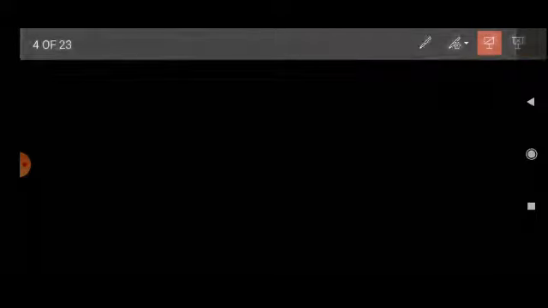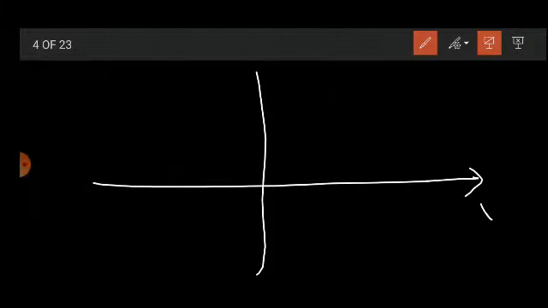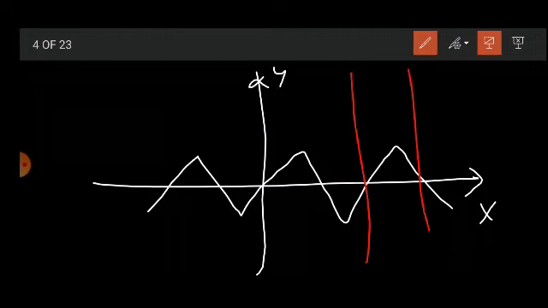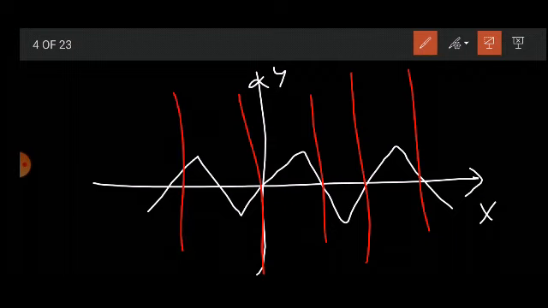So let this be the x-axis, and this the y-axis. Let's say this is y equal to f(x), any curve. If we draw a line parallel to the y-axis, you can draw it anywhere, and it cuts the function at one single point.